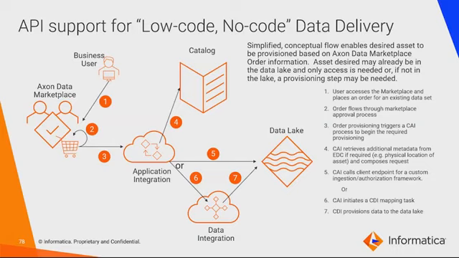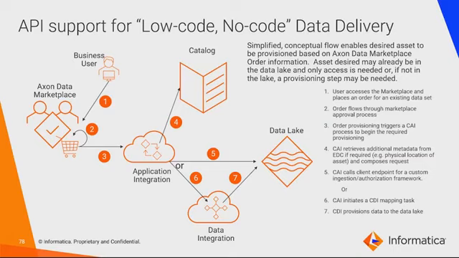This diagram is representative of a typical model which uses Axon and Marketplace, the API endpoints that we provided, to automate the processing and delivery of data in response to Marketplace orders.